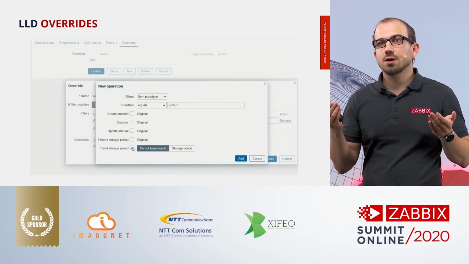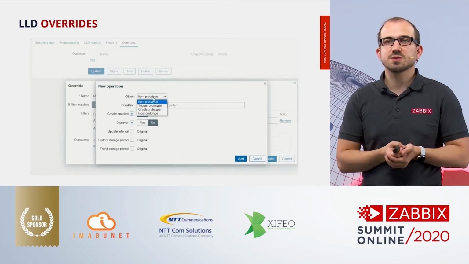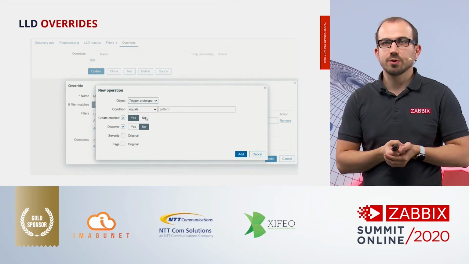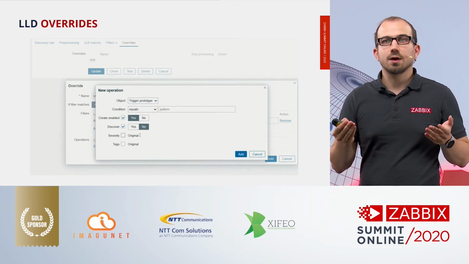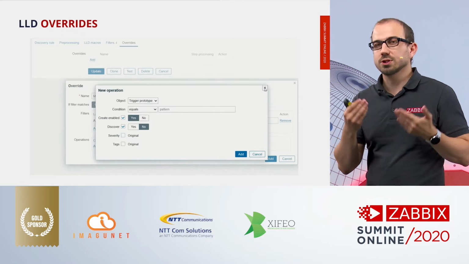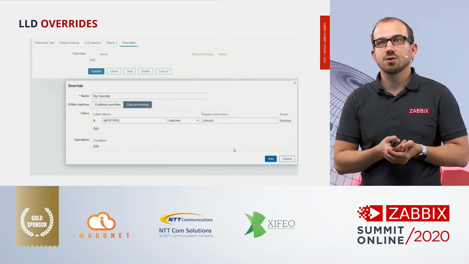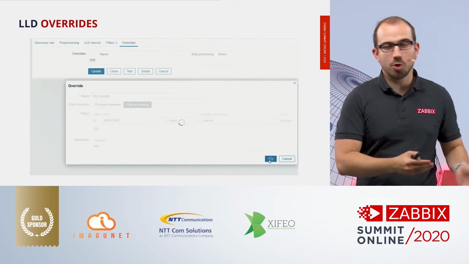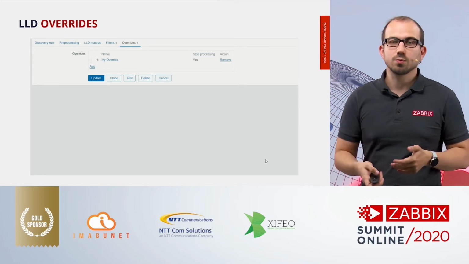You can define will it be discovered or not, or for example, define a specific different storage period. You don't need to define something one. You can use multiple operations, multiple conditions, and of course, multiple steps overall, including just to stop processing completely and not continue forward with the discovery.